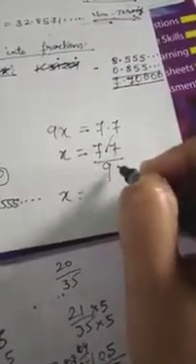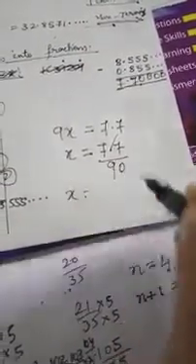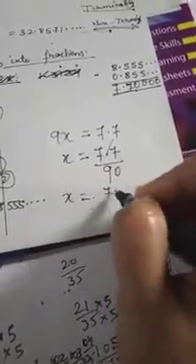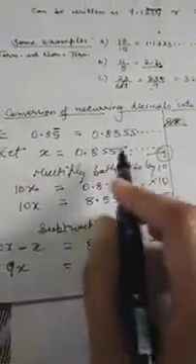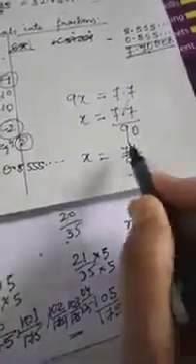If you remove the decimal, we will get here 10. 77 by 90. x is equal to 77 by 90, and we have already let this x equal to this recurring decimal, means we have converted this recurring decimal into a fractional number. Got it? Recurring decimal into fractional number. This is the method you can apply for all other questions.